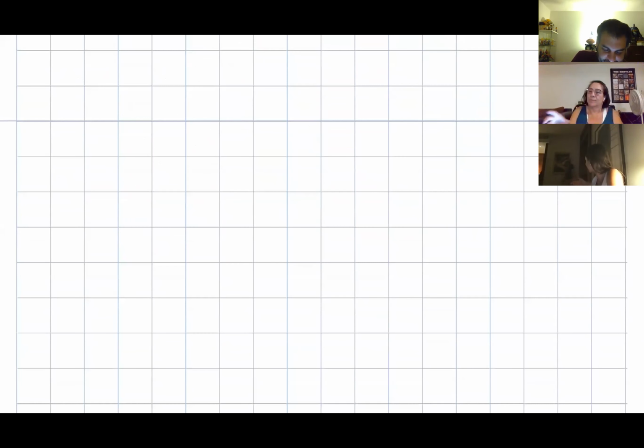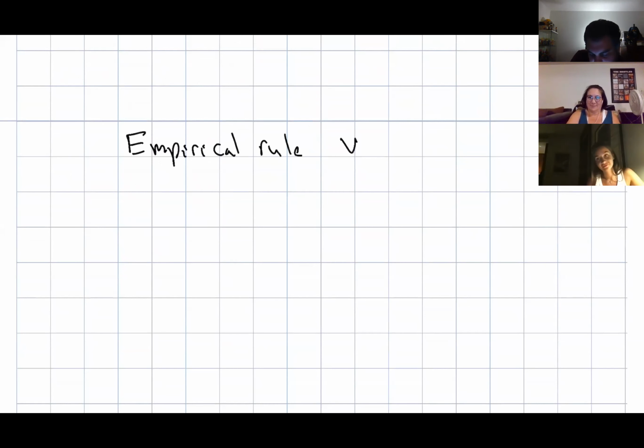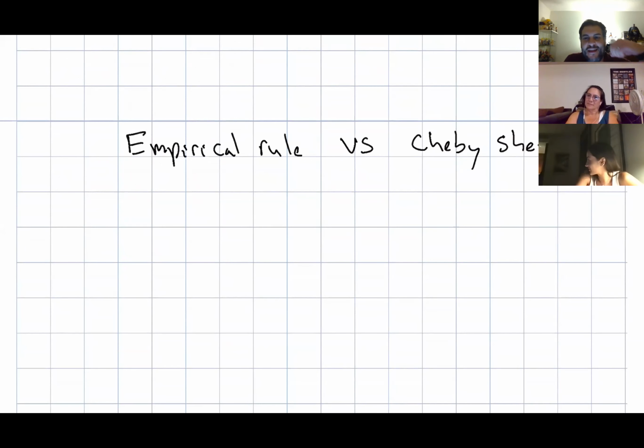All right, so let's do a new page. So we'll have empirical versus Chebyshev. When do we use the empirical rule? When do we use the Chebyshev rule?